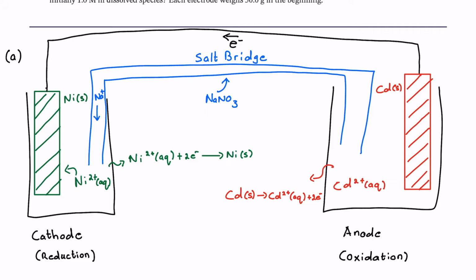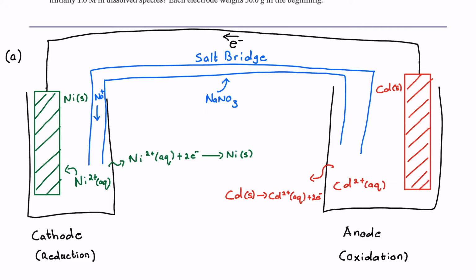So hopefully you can see that our cadmium electrode is going to be used up over the course of the reaction. Eventually that electrode is going to disintegrate and be completely dissolved into the cadmium solution, and the nickel electrode is going to gain in mass.